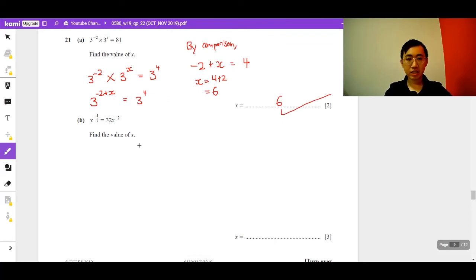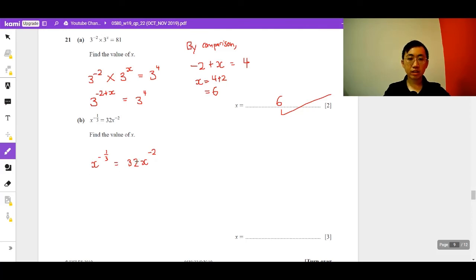Alright, next part, 21b. Again, they are testing you on the laws of indices. Find the value of x: x to the power of negative 1 over 3 equals 32 times x to the power of negative 2. What I would suggest is to push all the base x towards the left hand side.